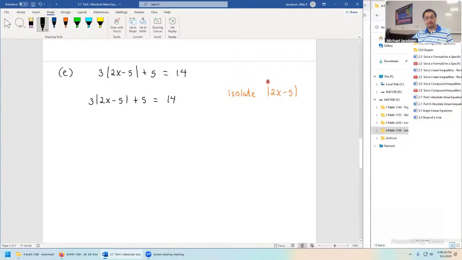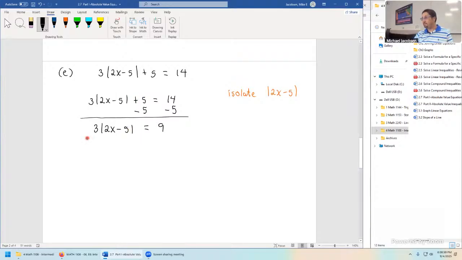For isolating the absolute value of 2x minus 5, think of this as just one big x itself. We want to eliminate the plus 5, then eliminate the multiplication by 3. So start with subtract 5. Then we have 3 times the absolute value of 2x minus 5 is now equal to positive 9.